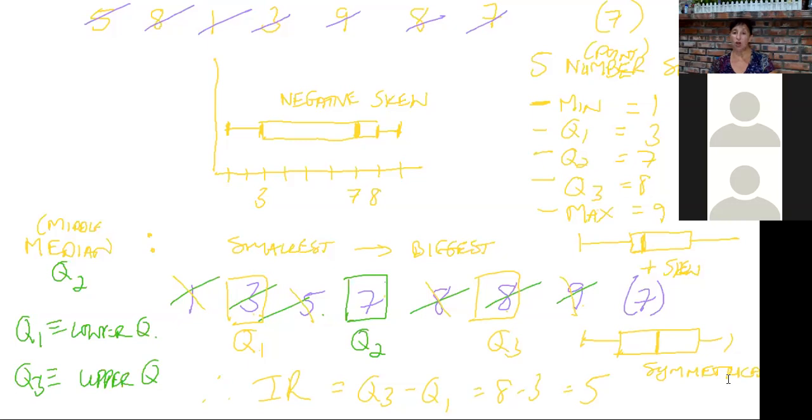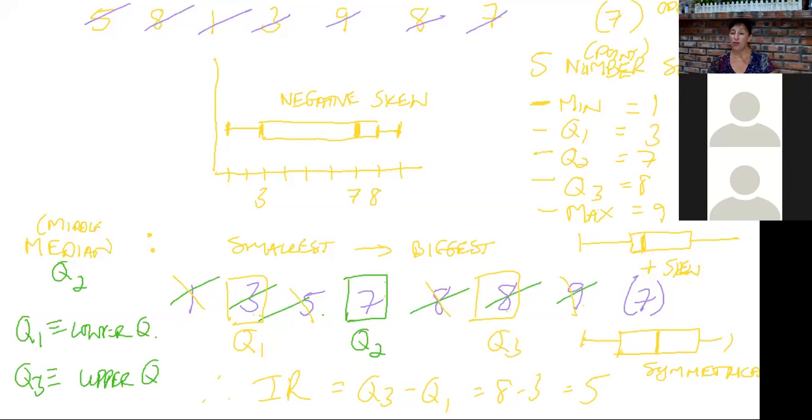Now this was an odd number of terms. I want to elaborate on that. If this number is odd, n equals 7, what you should do is add 1 and then divide by 2. That gives you 4.